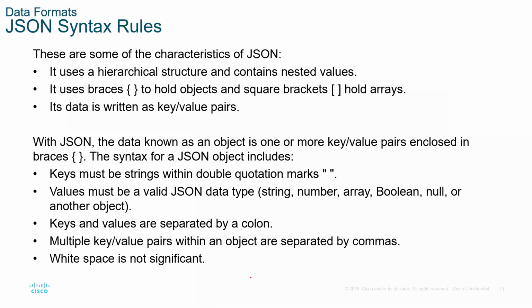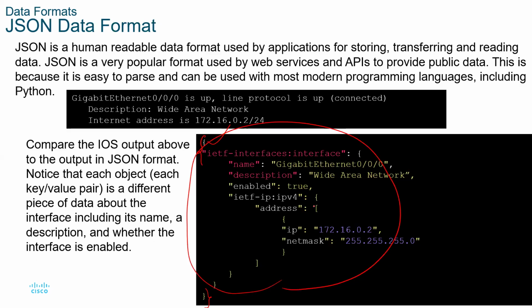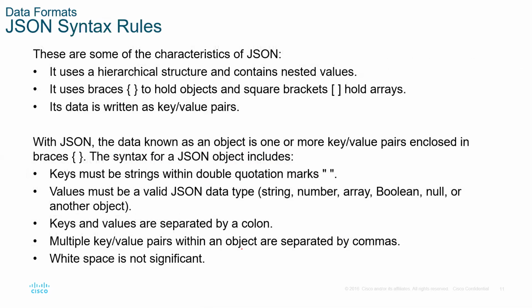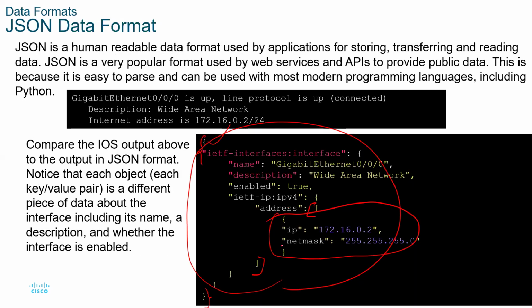Then we have square brackets used to hold arrays. Our square bracket right here, and this is our array here. A list of information, all right? Then each data is written in key value pairs. So this is a key, this is a value.